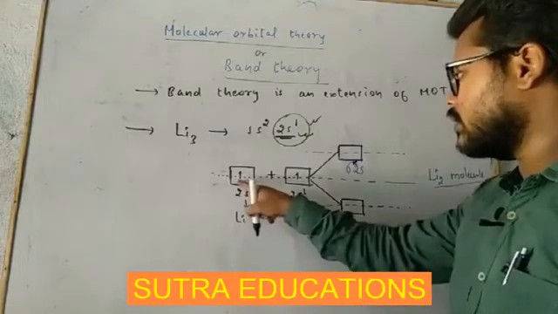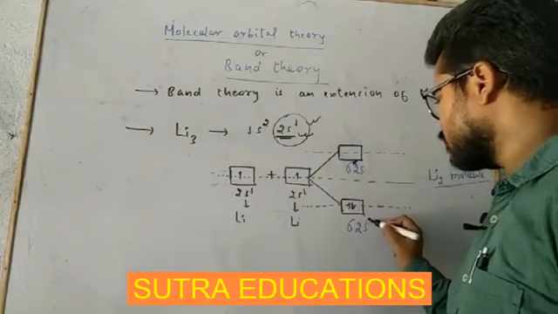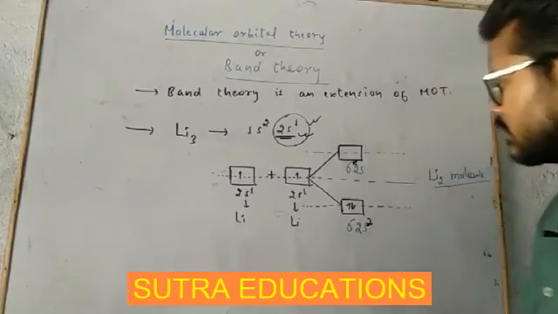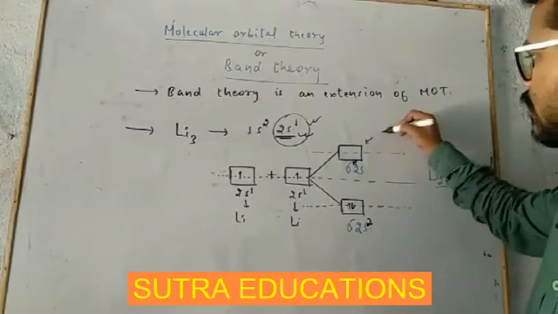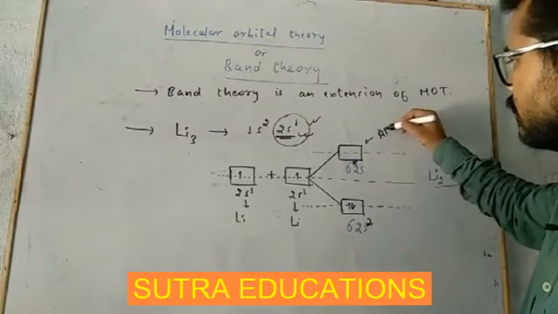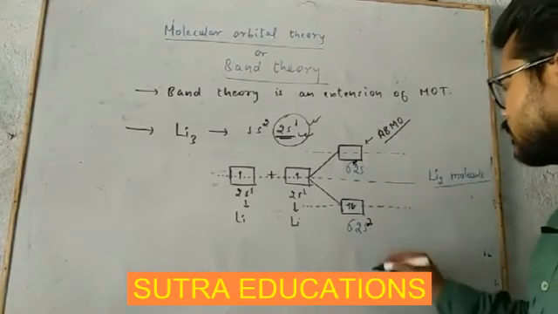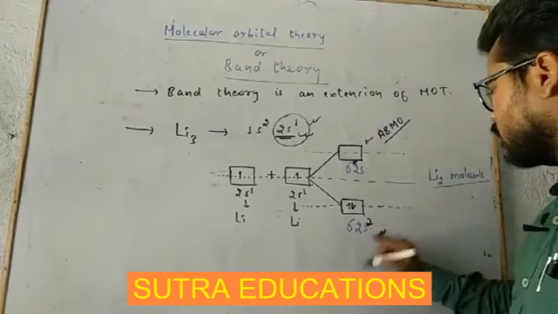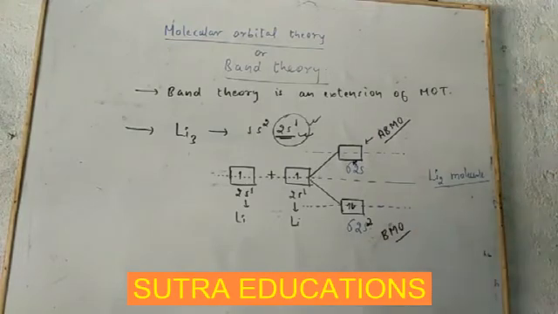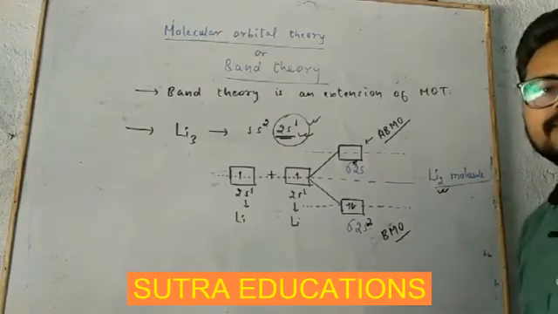Two electrons will be filled here, so sigma 2s2. This is the anti-bonding molecular orbital, ABMO, and this one is the bonding molecular orbital, BMO. Got it? So this is the case of the Li2 molecule.